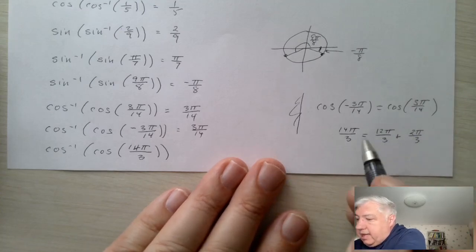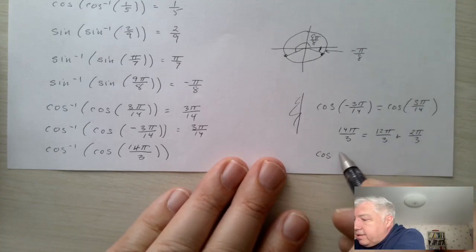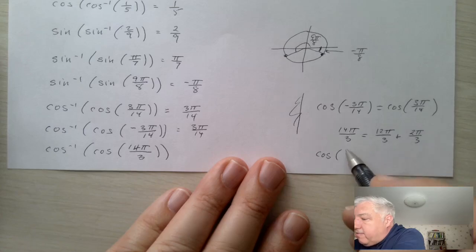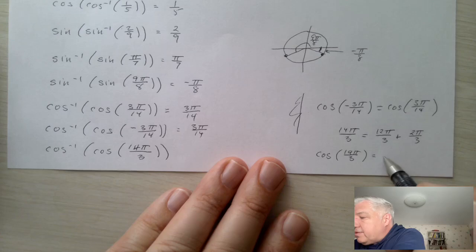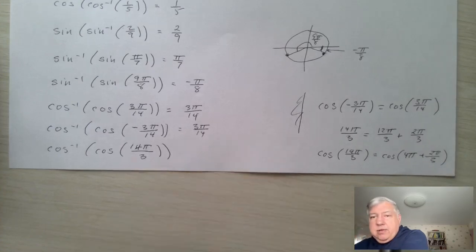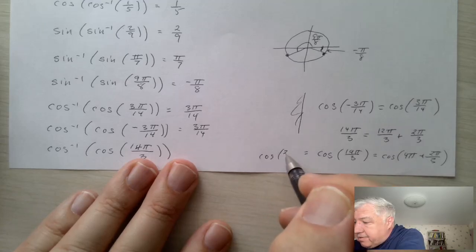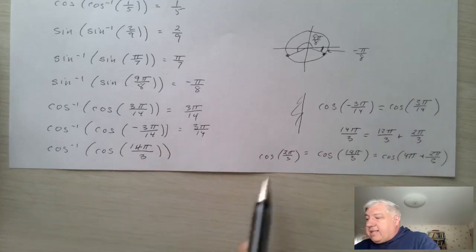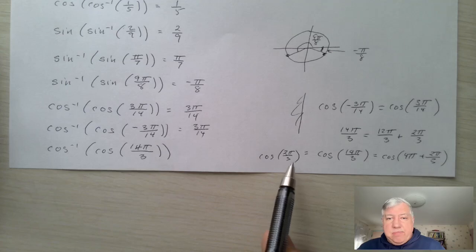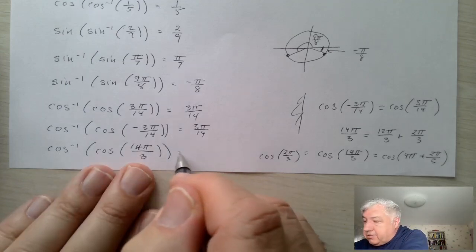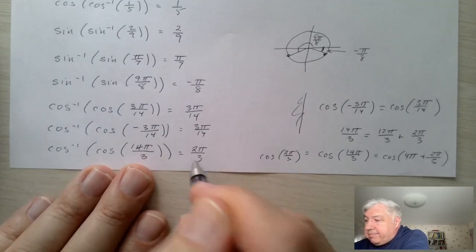So the cosine of 14pi over 3 is the cosine of 4pi plus 2pi over 3. And if you add a multiple of 2pi to anything, it doesn't change. So this is actually going to be equal to the cosine of 2pi over 3. And that will work, because 2pi over 3 is in the range. So this is actually 2pi over 3.